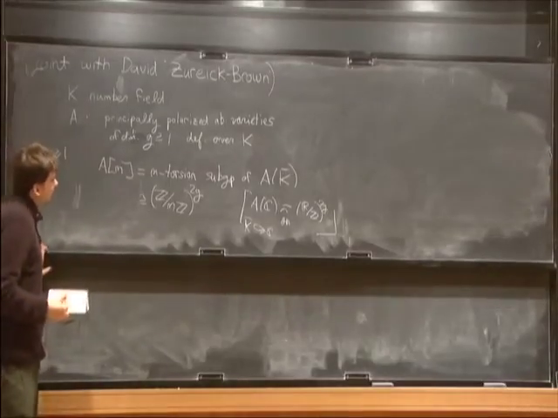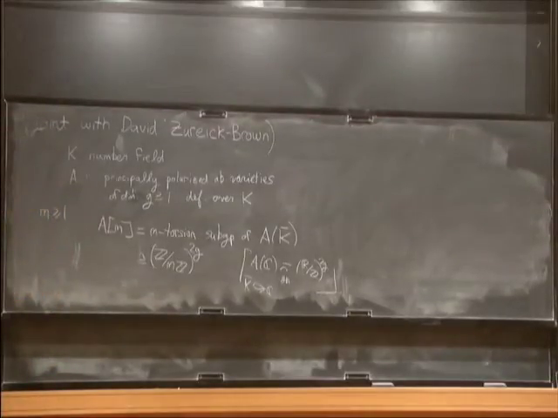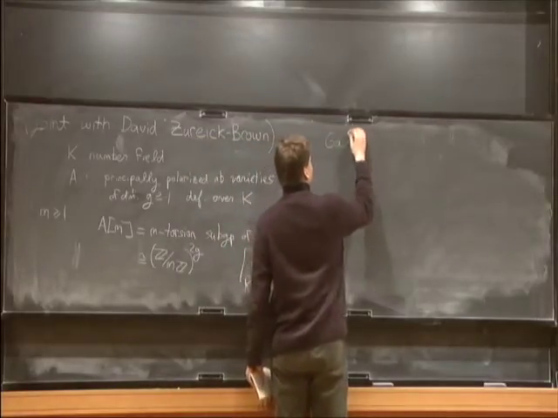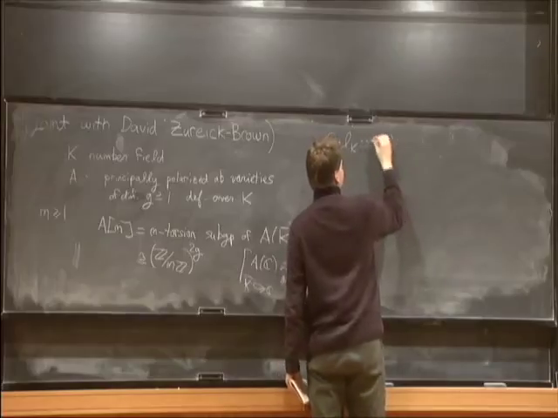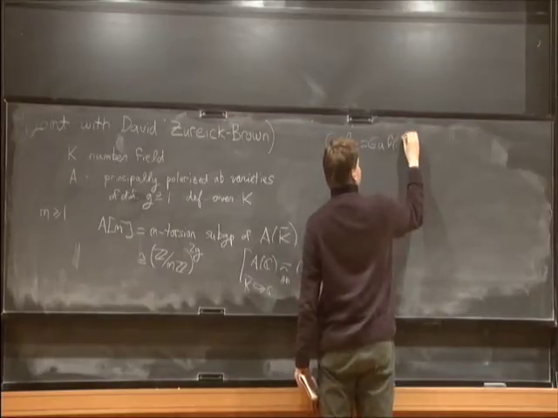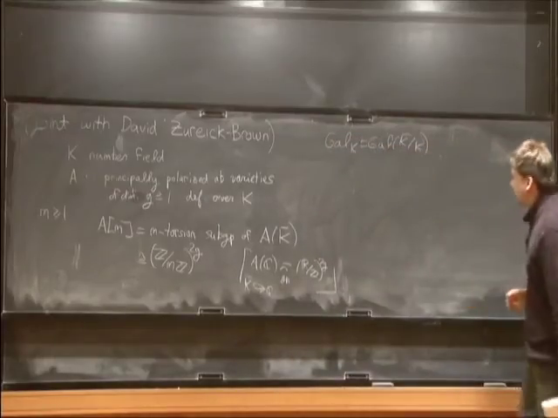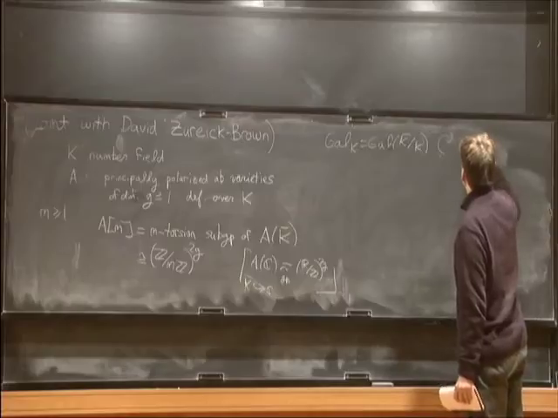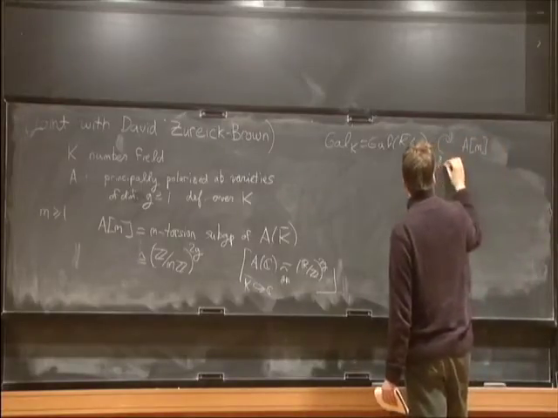What makes these torsion subgroups interesting is they come equipped with extra structure, and that is an action of the Galois group. So we'll have the absolute Galois group of K, automorphisms of K bar that fix K, and we get an action on the torsion points, and it preserves the group structure.